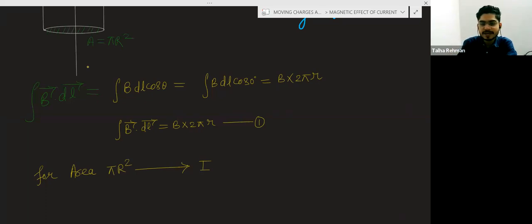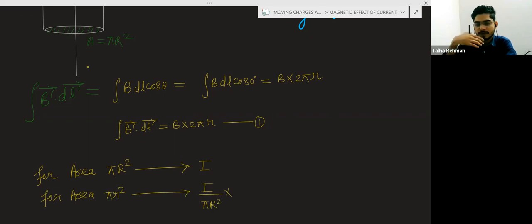Now, when you calculate the current for this area, pi into small r square, this will be the current per unit area multiplied by the area through which the current is passing.